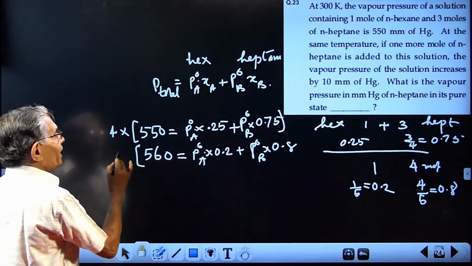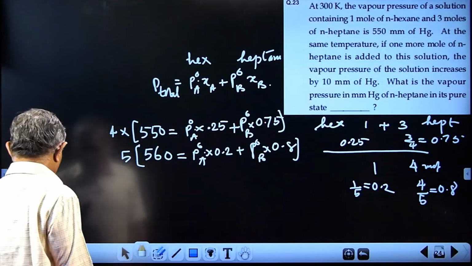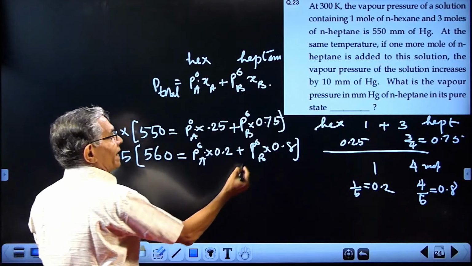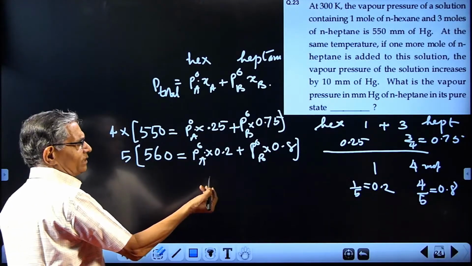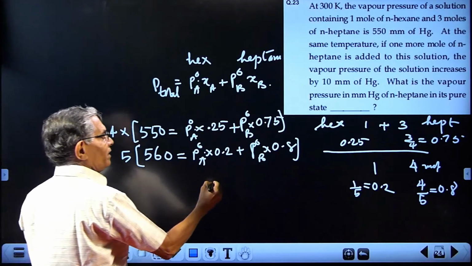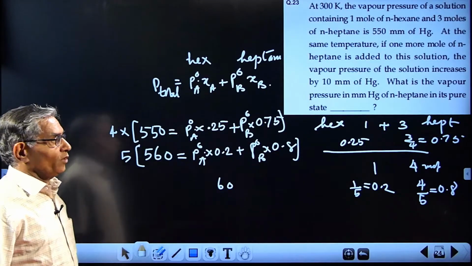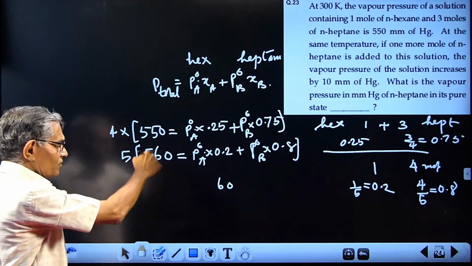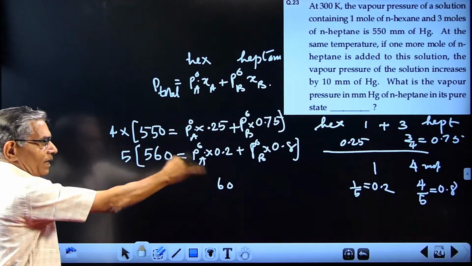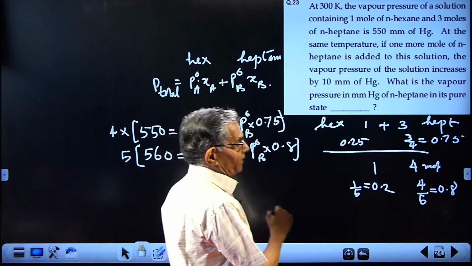Multiply this with 5, so that this becomes again 1. Then subtract and calculate. Then you will get the answer finally. The remaining calculations being very simple, the answer finally obtained will be P0B equal to 600 only. Nothing else. Simply multiply, subtract and evaluate P0B. The answer will be 60. That's all.